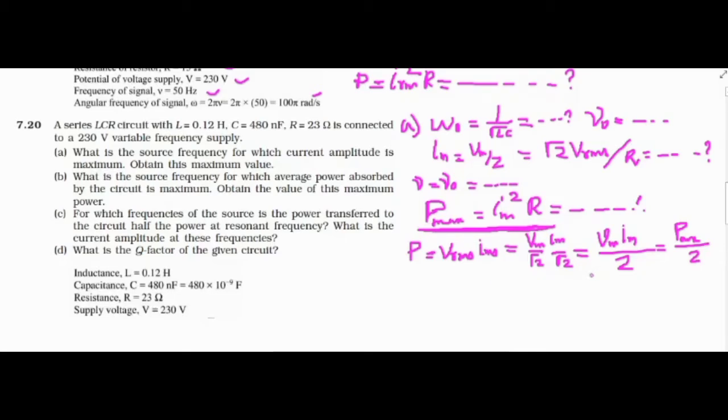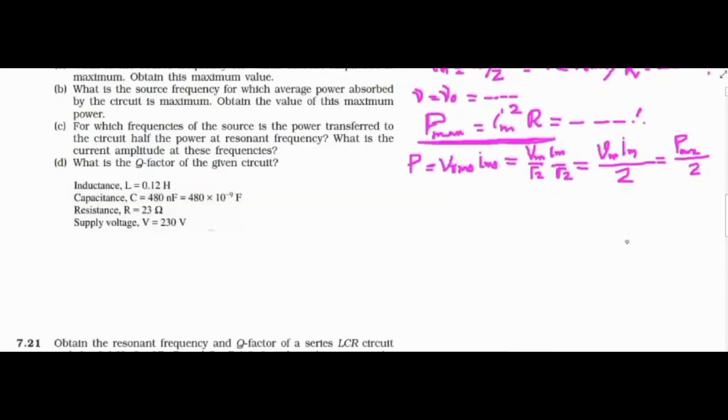Once again I repeat, when the current is the RMS current, power is peak power divided by 2. And for RMS current, what is the frequency? You remember the quality factor graph like this.